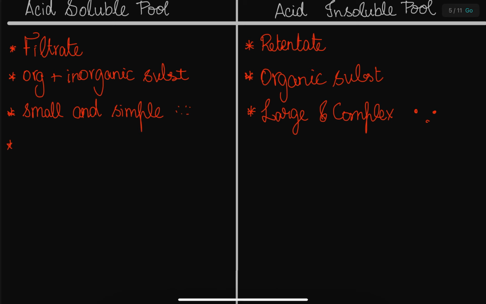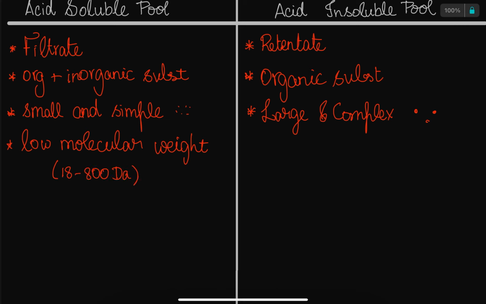The substances in the acid soluble pool have low molecular weight. That is, their weight is from 18 up to 800 Daltons. Dalton is the smallest unit of weight.